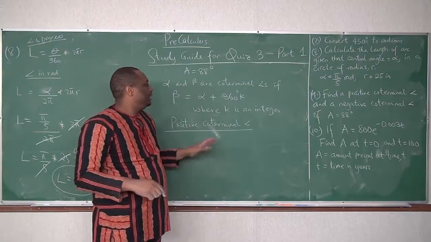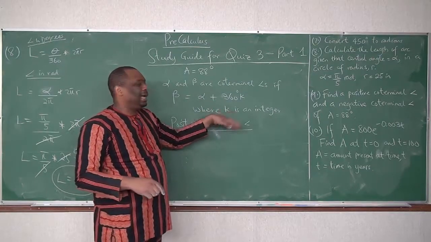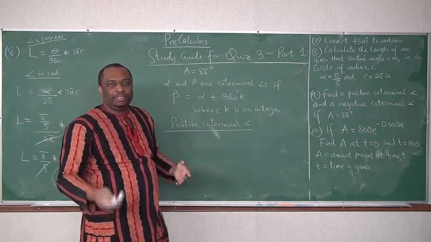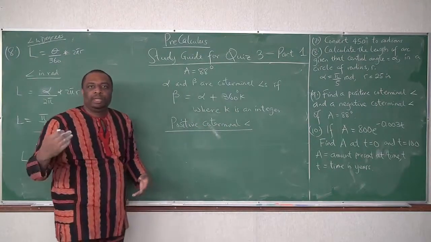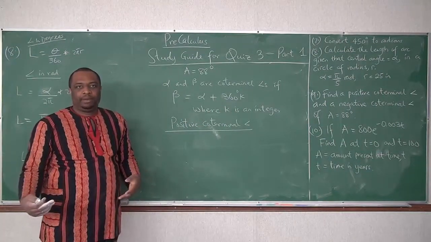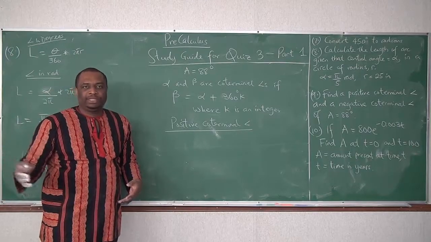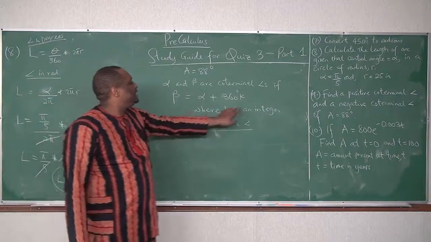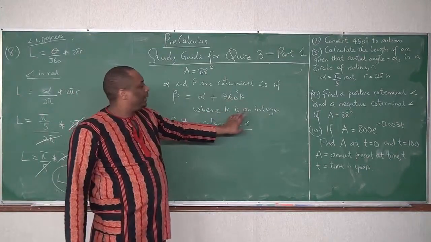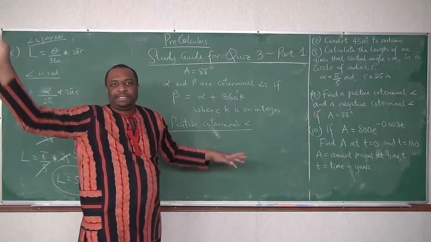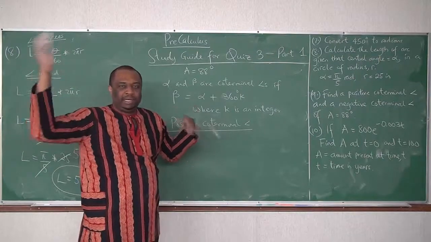The integers I mean here are K to be 1, 2, 3, or K to be negative 1, negative 2, negative 3, negative 4.